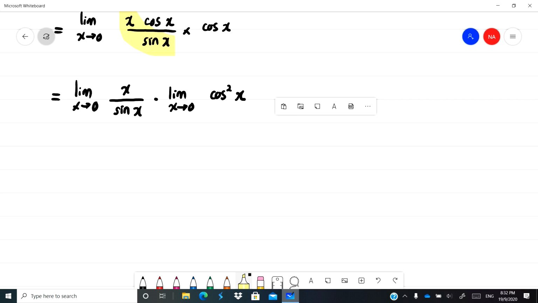Actually, this can be changed into, I'm writing in red color here, let's say we have our limit as x approaching 0. To change that x over sine x, you cannot simply change it to sine x over x, but you have to put 1 over sine x over x. Why?